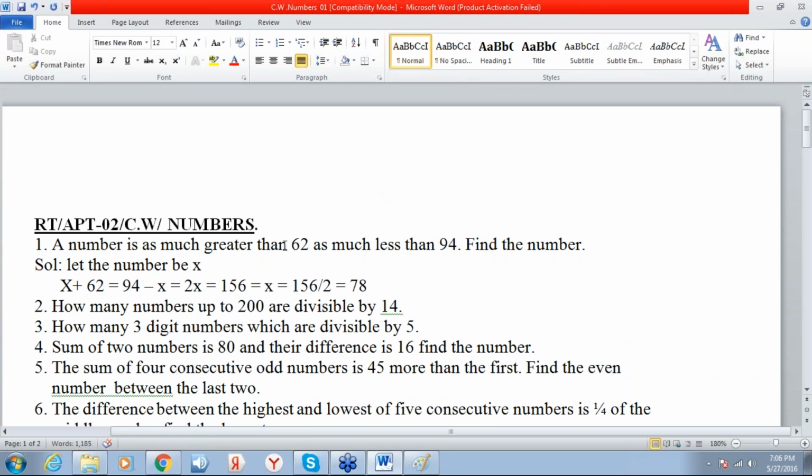Or you can directly add 94 and 62 and divide it by 2.